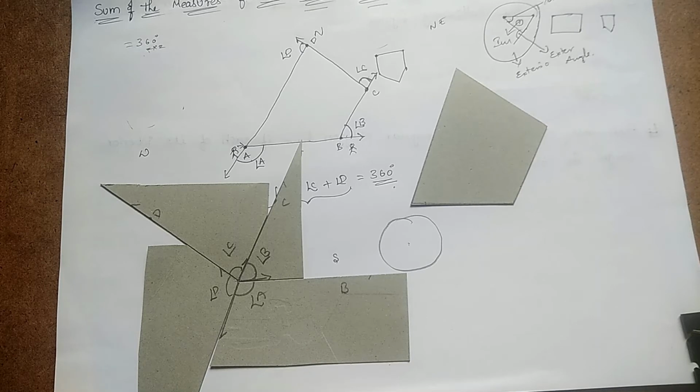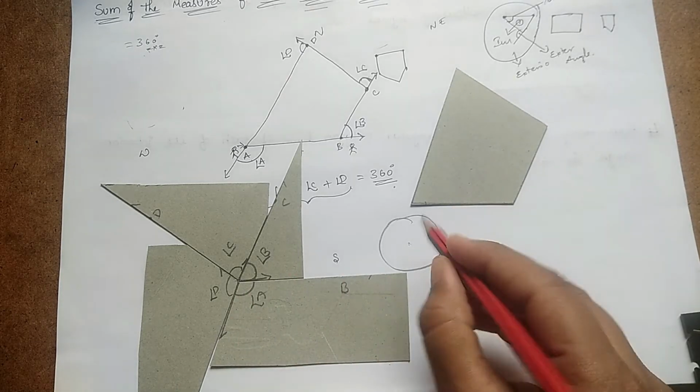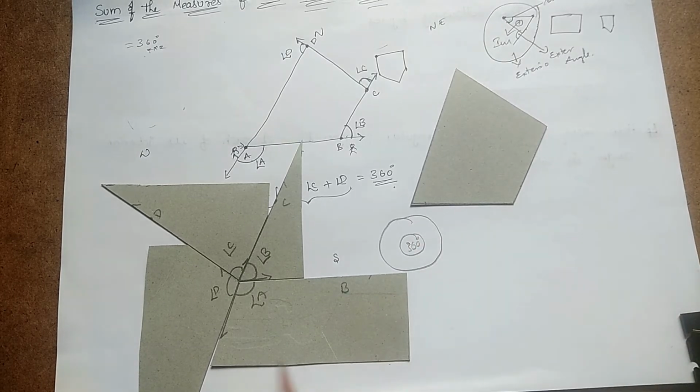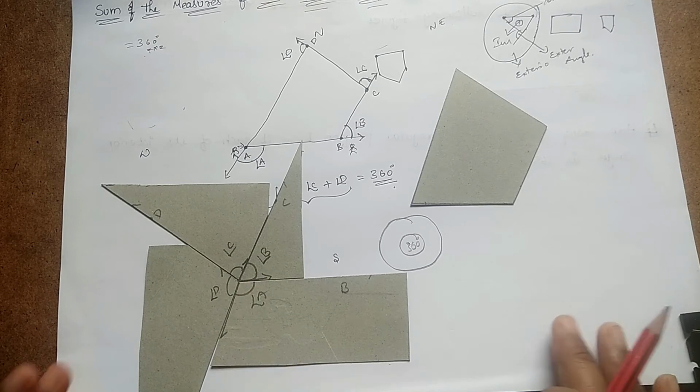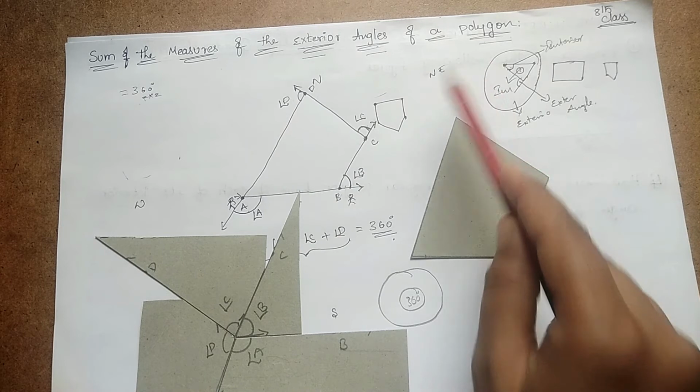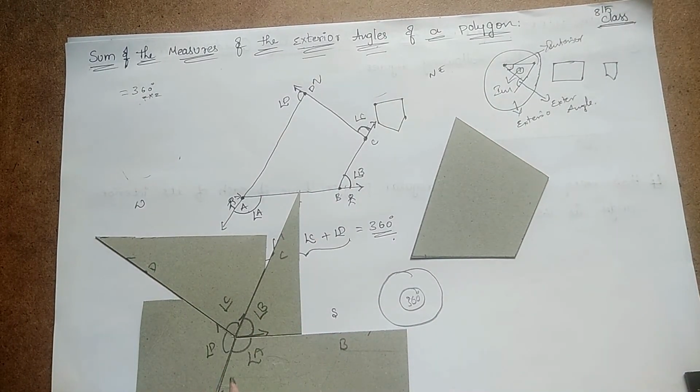See here, at a point we have 360 degrees around the point. So the theorem, that the sum of measures of the exterior angles of a polygon is equal to 360, is proven. I think you understand this.